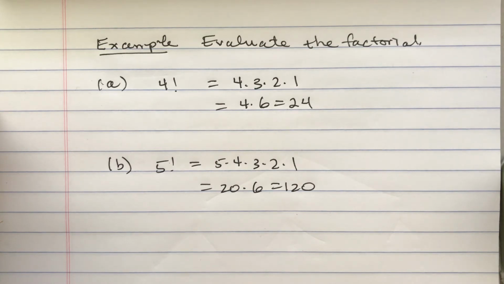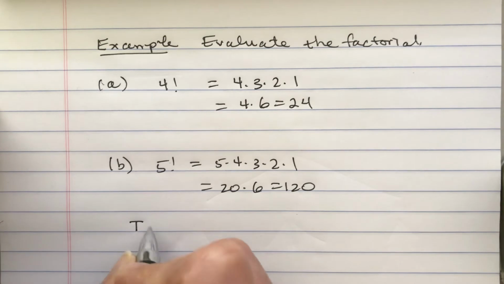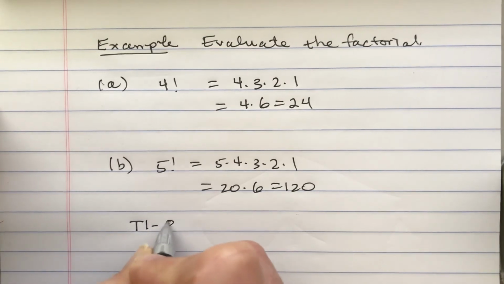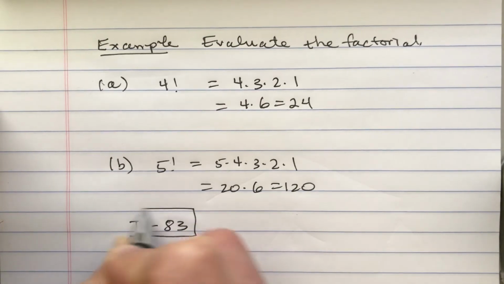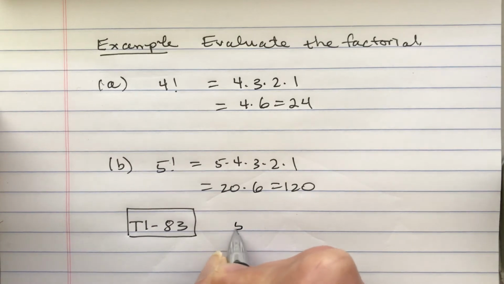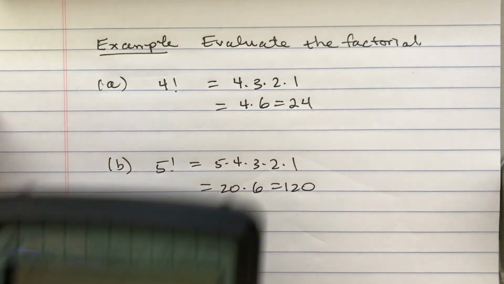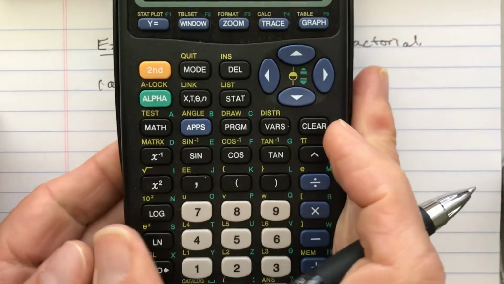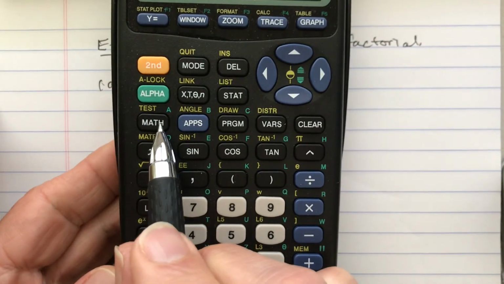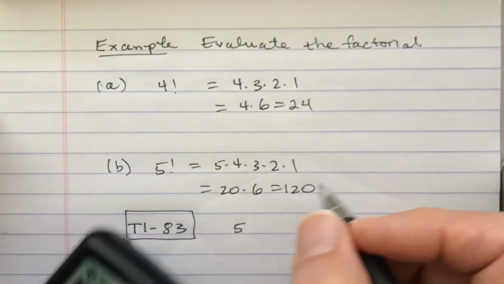Now, these all can be done on the calculator. And the calculator I'm talking about is a TI-83. So for the TI-83, this is what we're going to do. We're going to write down the number 5, and then, here I actually have the TI-83 right here. We write in number 5, and then we press the button Math.